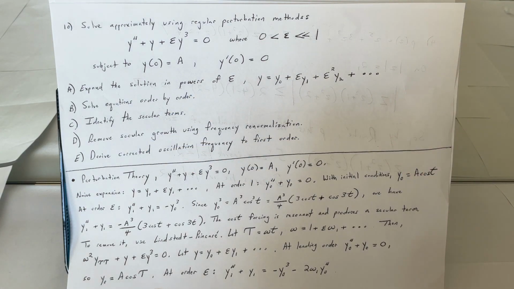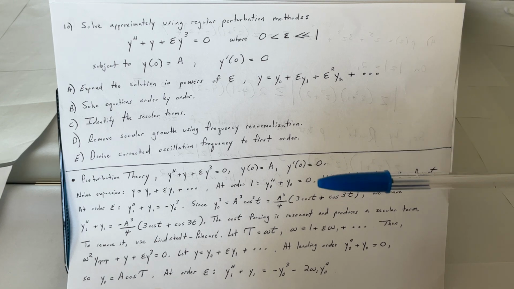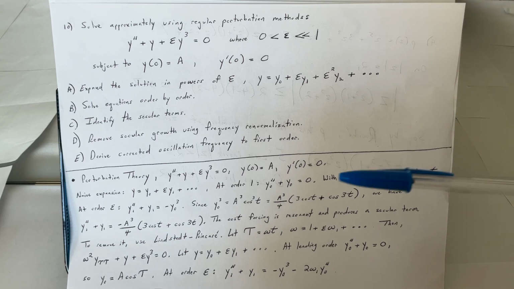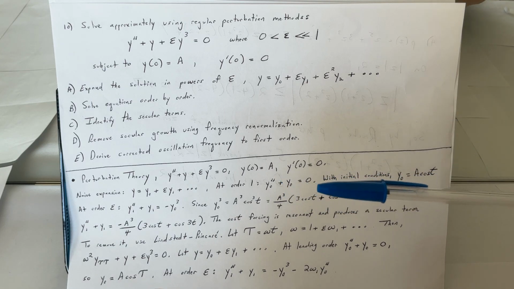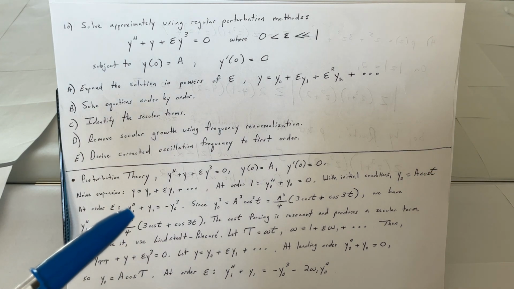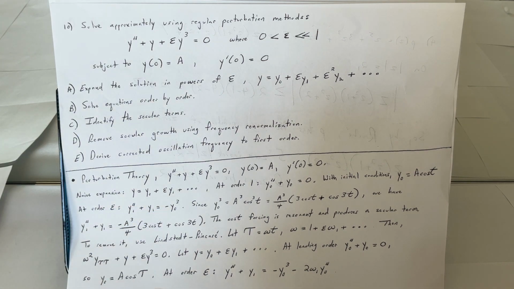So y double prime plus y plus epsilon y cubed equals 0, y of 0 equals a, y prime of 0 equals 0. Our naive expansion: y equals y naught plus epsilon y sub 1 and so on. At order 1, y naught double prime plus y naught equals 0, with initial conditions, y naught equals a cosine t. At order epsilon, y sub 1 double prime plus y sub 1 equals negative y naught cubed.